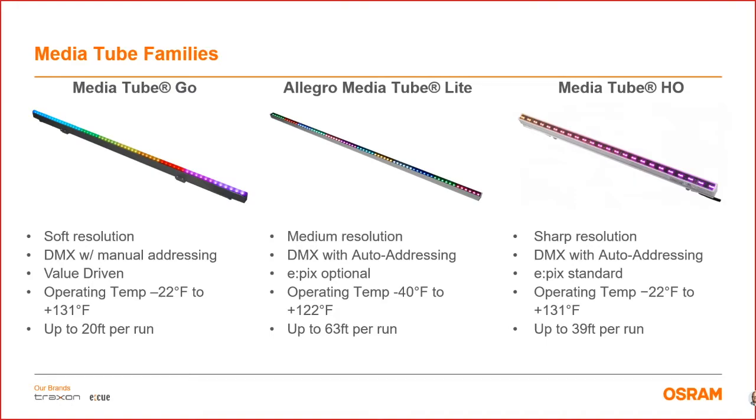As we go through these, the compare and contrast, I think you're seeing the incremental improvements in the feature set, in the value offered. As I said, MediaTube Go is meant to be this entry-level product while still having a robust, rigid, easy to install stick rather than say a tape-like solution.